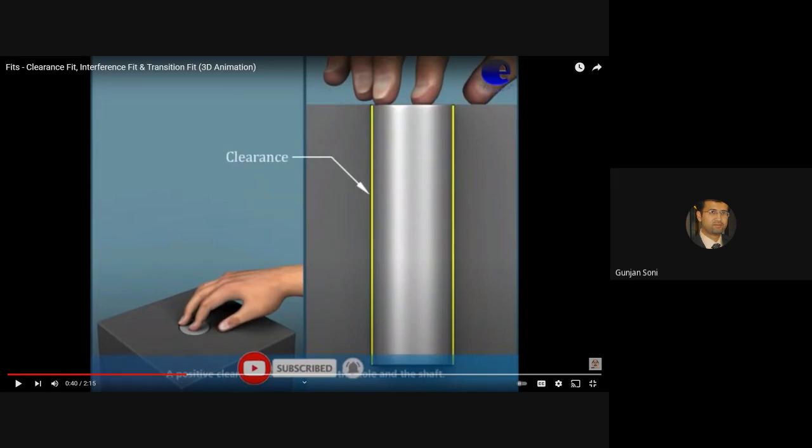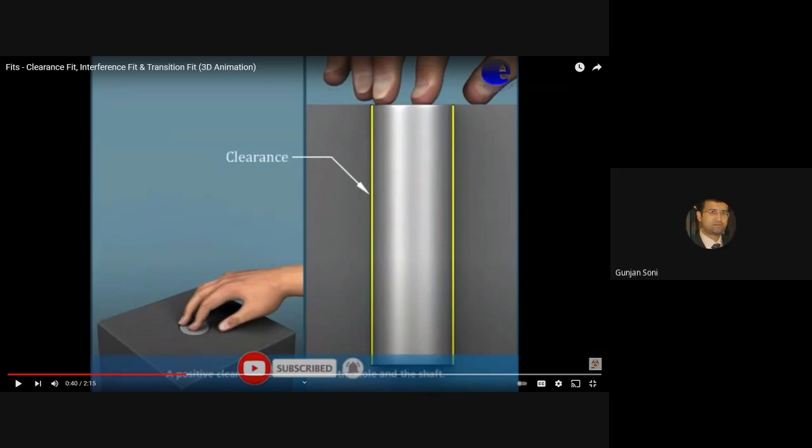Anshuman? Yes, sir. In a cylinder, piston arrangement, in the automobile sector. Yeah, right. So piston and cylinder, we want a clearance fit.